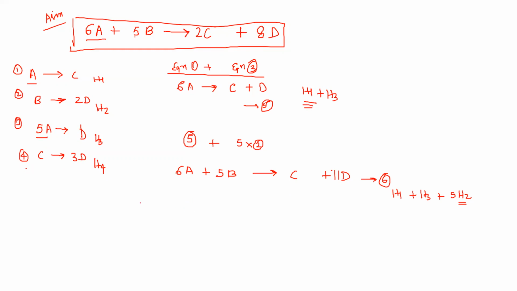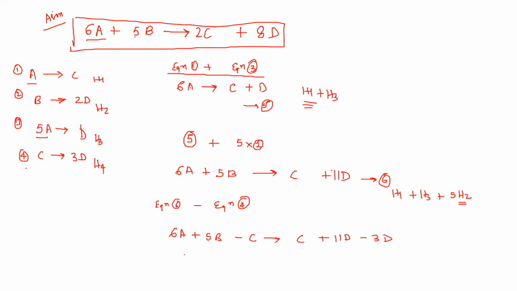So if we subtract equation number 4 from equation number 6, we'll get 6A plus 5B minus C gives you C plus 11D minus 3D.